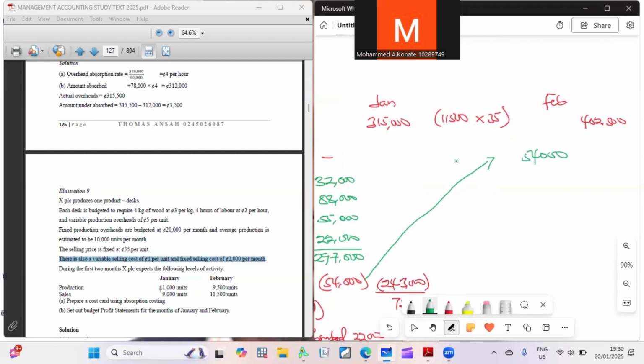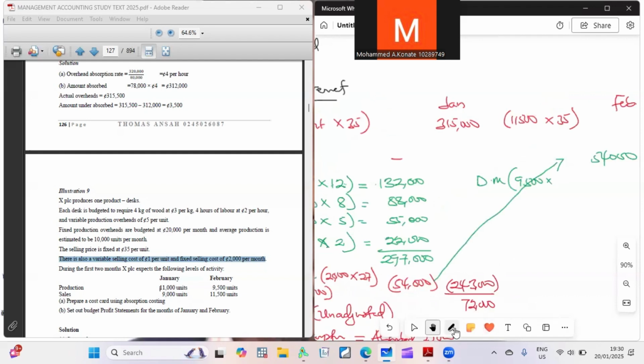Then we come to the direct material. How many were produced in February? 9,500. This is it. 9,500 multiplied by the price before, that was 12. So the same thing will be repeated. So 12 for direct labor, 9,500 by 8.